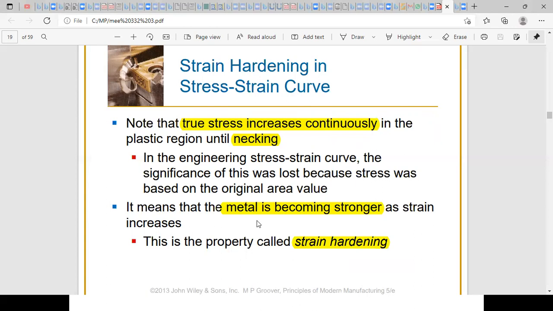So in the strain hardening part, your material is becoming stronger, and sometimes this is used to enhance the mechanical properties of the material, while avoiding reaching the necking zone. This property of the material is called strain hardening.